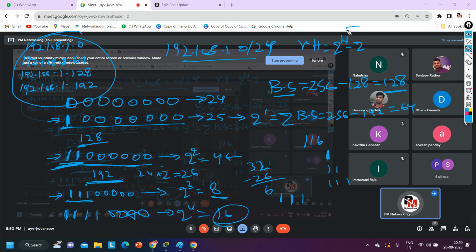So you can put 6 over here: 2 to the power 6 minus 2. 64 minus 2. That means the number of valid IP addresses is 62 in each network. In this network there are 62 valid IP addresses, in this network 62, in this network 62, and in this network also 62.